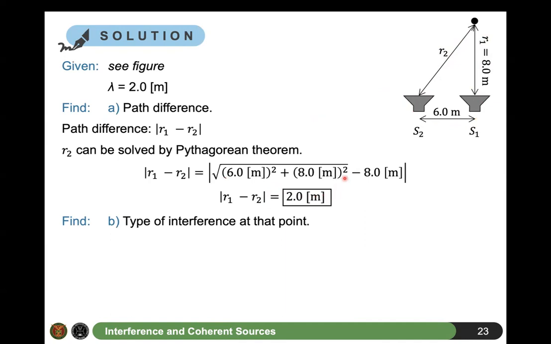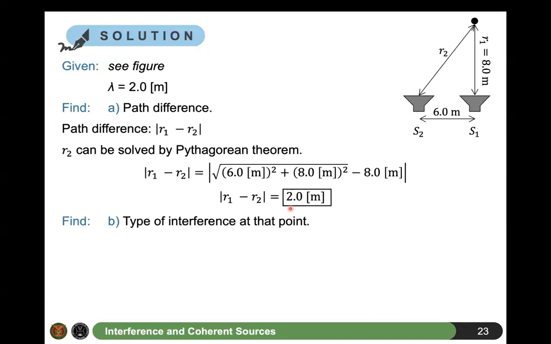So ito yung R2 natin. Minus yung 8 meters ng R1. So again, path difference to. Pwedeng R2 minus R1, pwedeng R1 minus R2. It doesn't matter, kasi absolute naman yung makukuha. So if we plug in our values, we get this path difference of 2 meters.